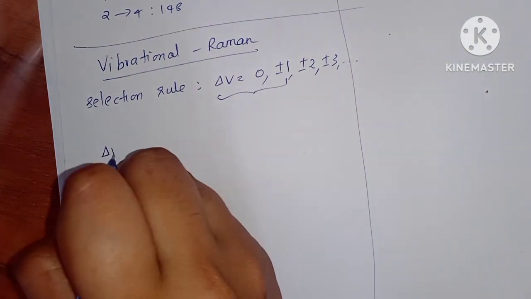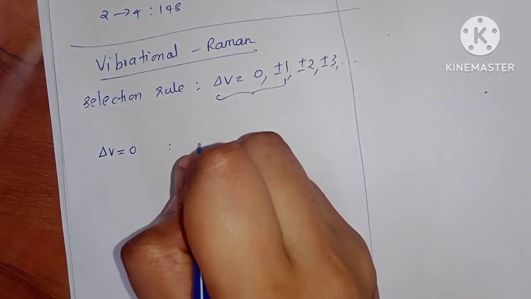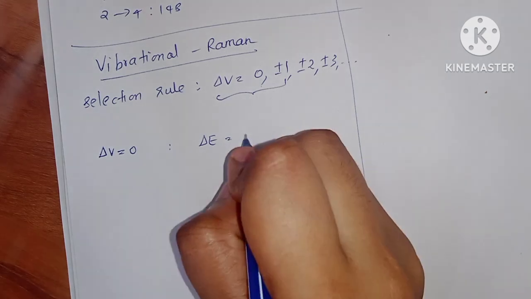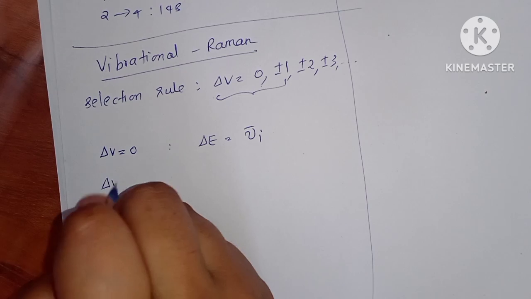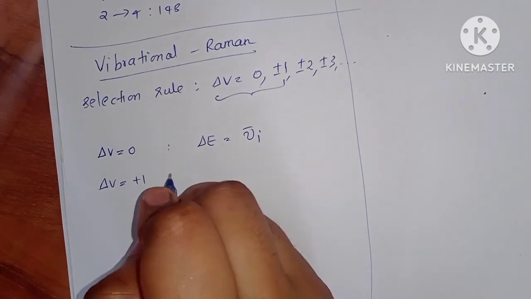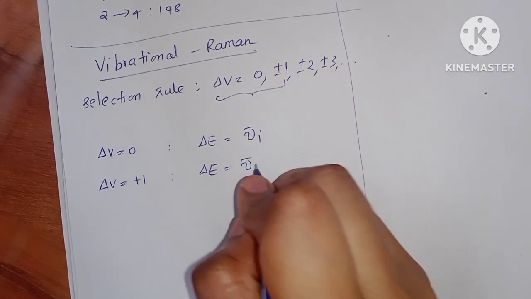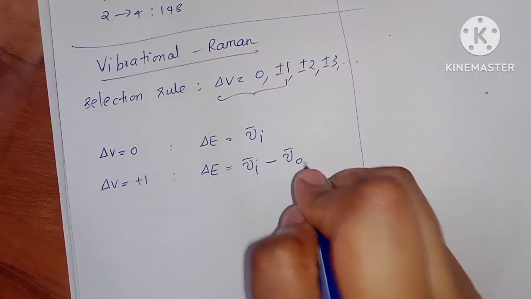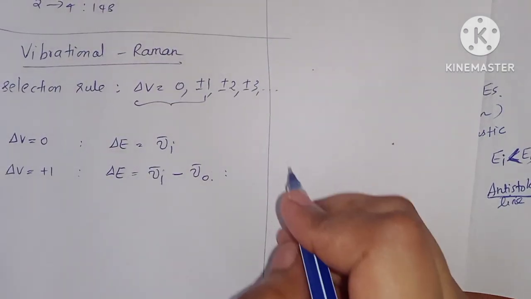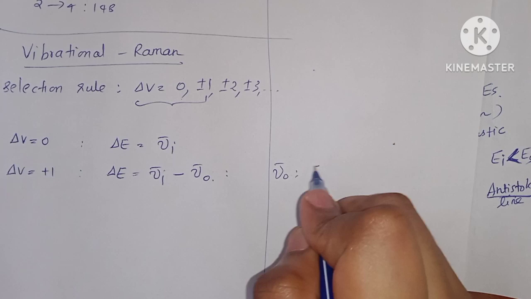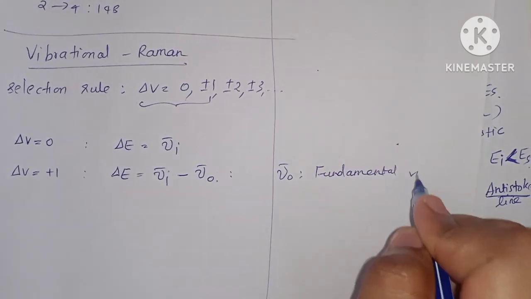So if delta V is equal to 0, the energy for that transition, delta E, is equal to mu bar I, that is, the incident radiation only. If delta V is equal to plus 1, the energy required for such a transition is mu bar I minus mu bar 0, where mu bar 0 is the energy required for the fundamental vibration.